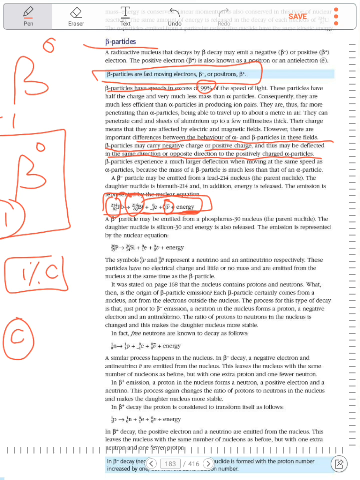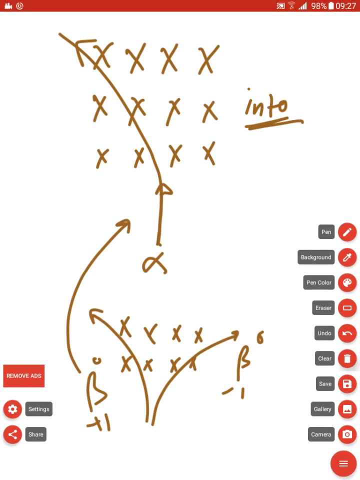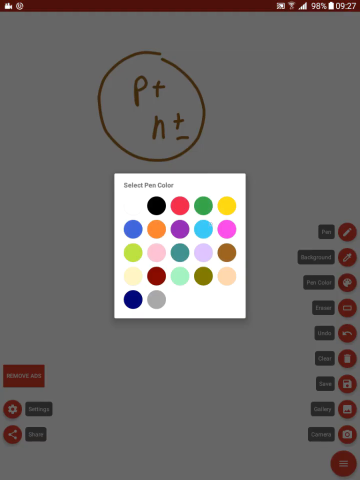Now, what is the nature of beta particles, positive and negative? Inside the nucleus, there are no electrons. We have just the protons and the neutrons, which are positive and neutral. What happens inside?